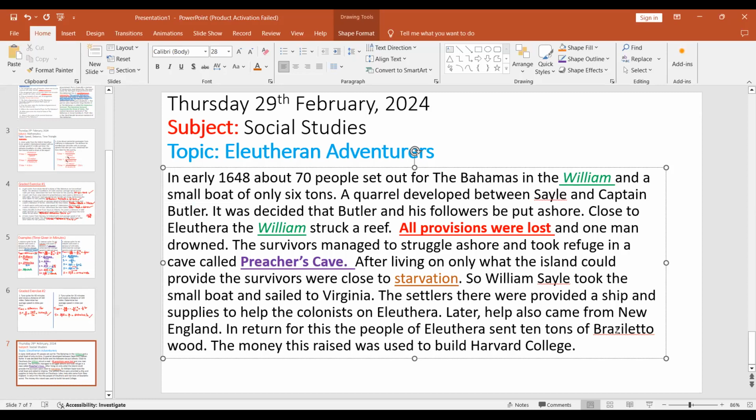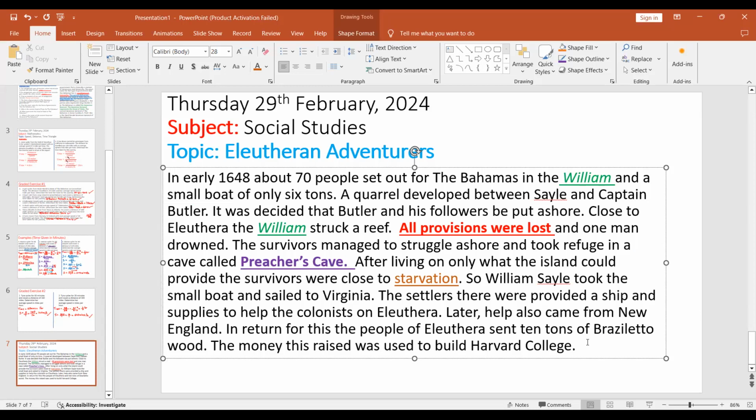After this whole ordeal of not being able to survive and then finding help, more people from Bermuda came to Eleuthera. But the only problem is that these people who came from Bermuda were criminals and people who were exiled from Bermuda.